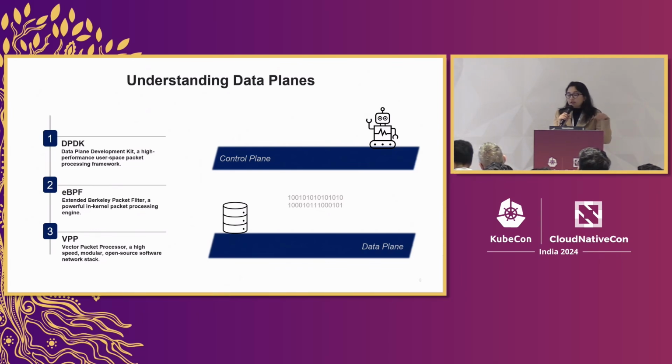It bypasses the kernel networking stack and allows you to send your traffic directly to user space. eBPF, Extended Berkeley Packet Filter, is a powerful in-kernel packet processing engine which allows custom processing inside the kernel. And then VPP, Vector Packet Processor, is a high-speed modular open source software network stack that helps in performing efficient packet processing inside user space.